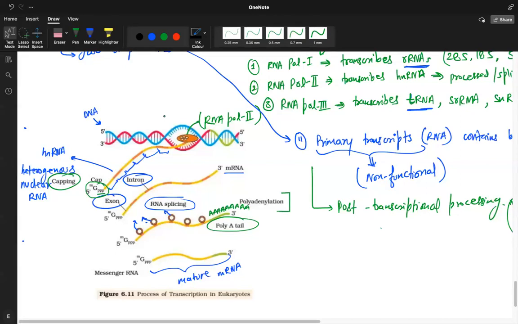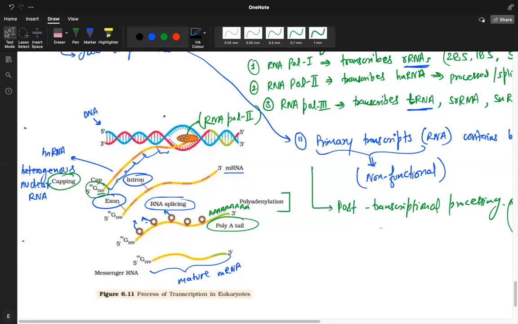It actually gives us a hint, or you can call it a reminiscent of the RNA world. At one point of time, RNA and RNA dependent processes were the major and most important processes in living systems. Now, the benefit of this kind of arrangement is regulation of gene expression.